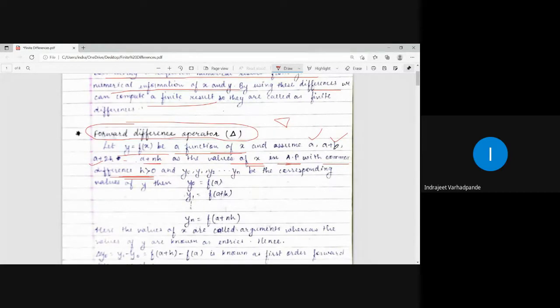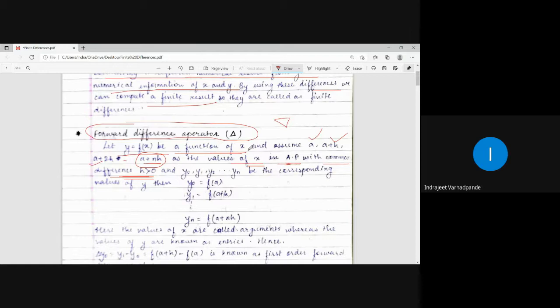So in general, let y is equal to f of x be a function of x, and taking the values of x as a plus h, a plus 2h, and in general a plus nh, as the values of x in arithmetic progression with common difference h greater than 0.